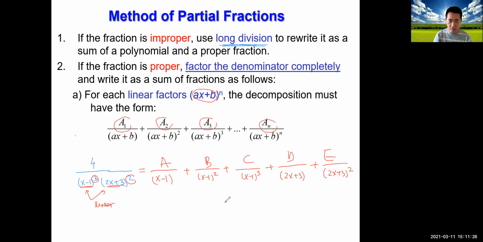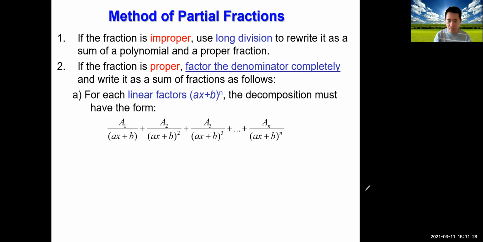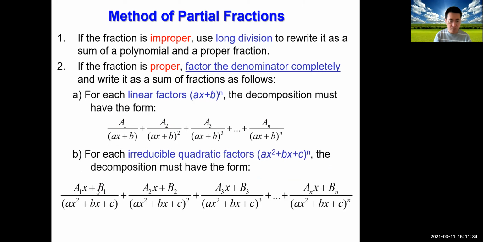Now, if you look at the second form, the second form here is what we call the irreducible quadratic factor. For each irreducible quadratic factor, the decomposition must have the form.